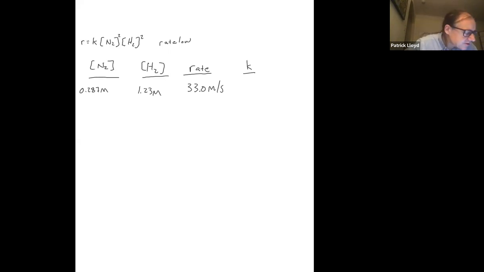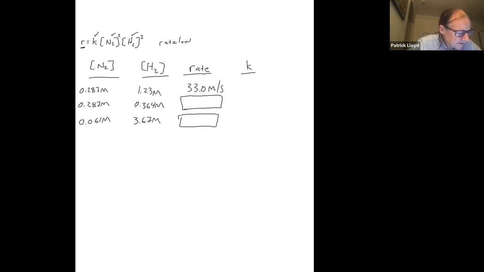Now, here's why I want to do that. If I know what K is and I know what the concentrations are, I can figure out the rate. So in the second part of this, they give us this concentration and this concentration. And then they ask us to find the rate. Okay, then in the third part, 0.961, 3.67, and then they want us to find the rate.